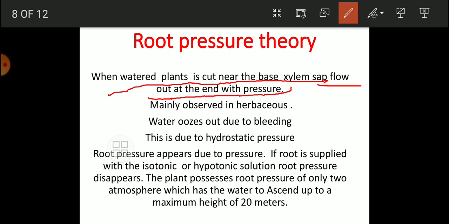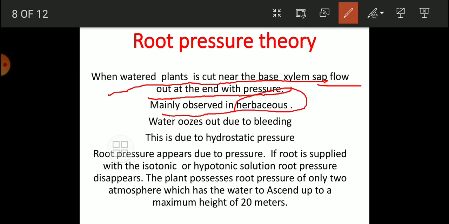Some plants, early in the morning, when too much watered, if we cut at the base, xylem sap comes out or flows out with pressure. So here, because of root pressure, this happens. Mainly such things we can observe in herbaceous plants.